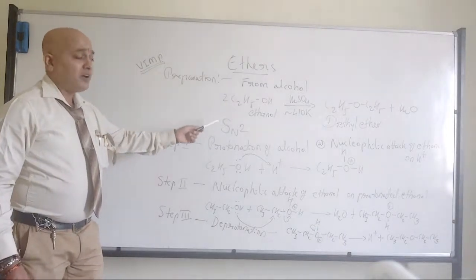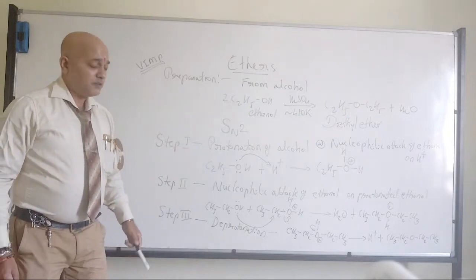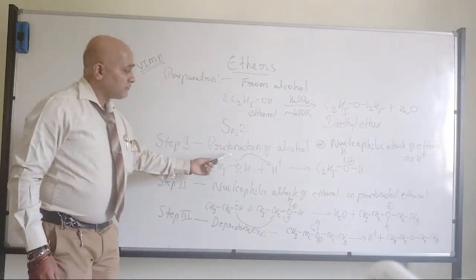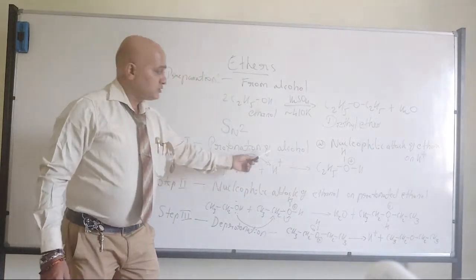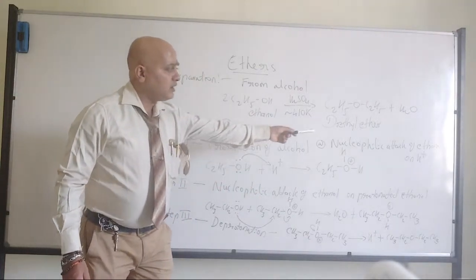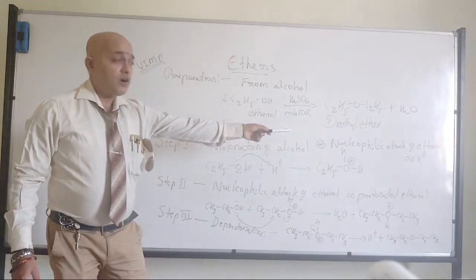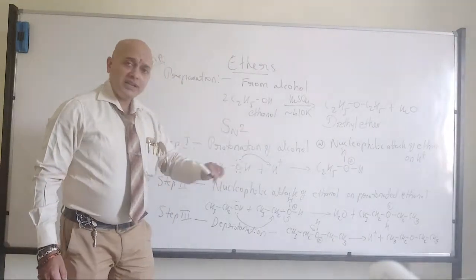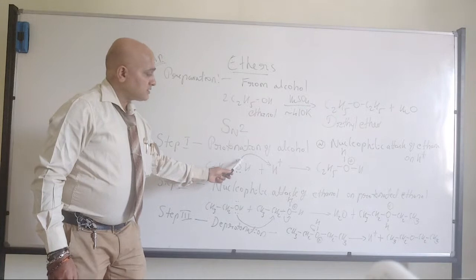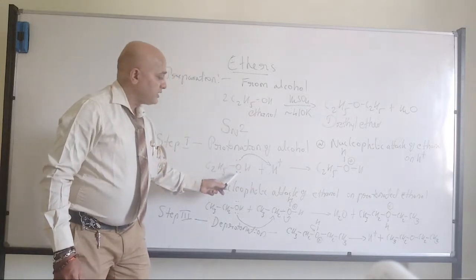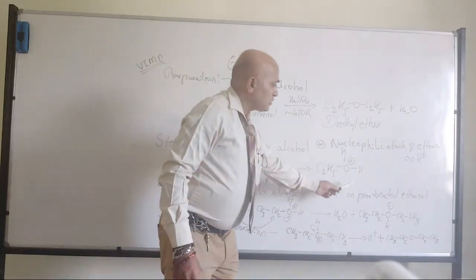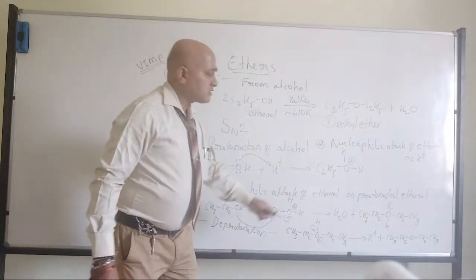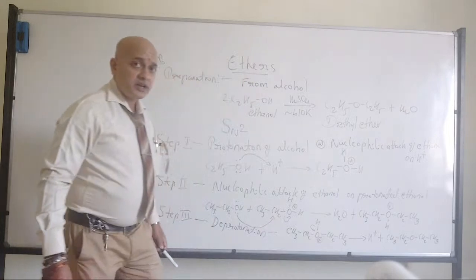It will follow SN2 reaction mechanism where in step 1 there will be protonation of alcohol. This can be protonation of alcohol or nucleophilic attack of ethanol on H plus, one and all same. So that's where we have the oxonium intermediate where oxygen is carrying positive charge.